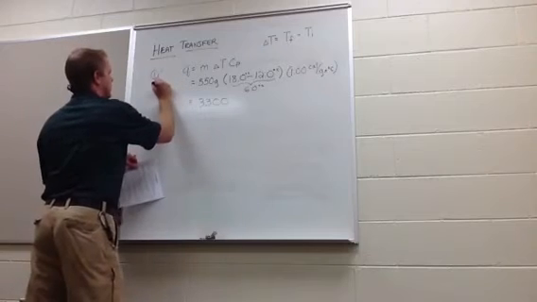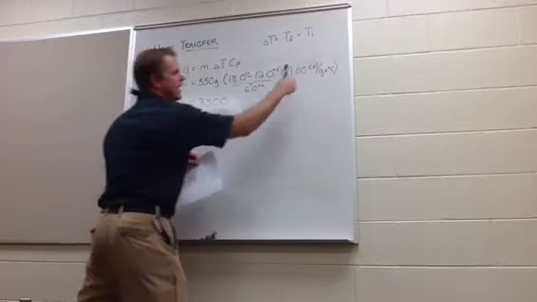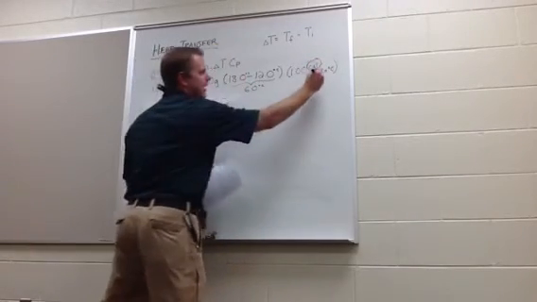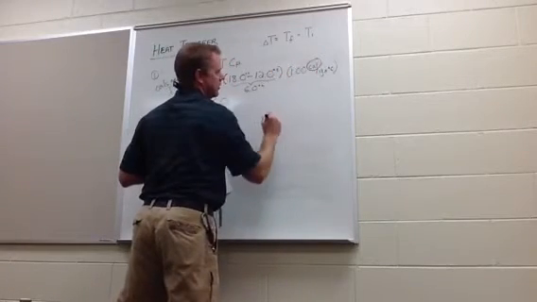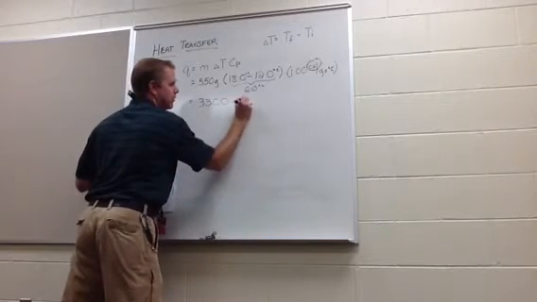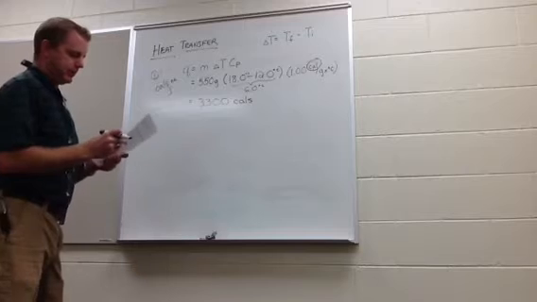So it's either going to be measured in cals or in joules. Well, here, this one is measured in cals. Remember, everything has to match. Grams match grams. Degrees Celsius matches degrees Celsius. Calories has to match the Q. So this is 3,300 cals.